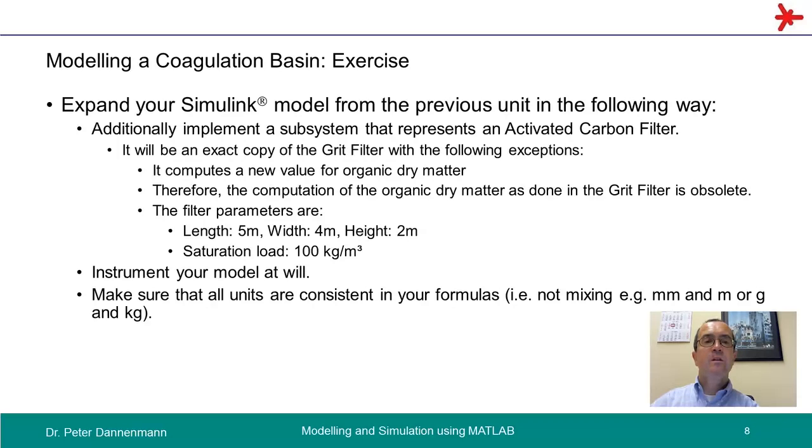Therefore, the computation of the organic dry matter as 1/3 of the dry matter, which has been done in the grid filter, is obsolete. Additionally, some filter parameters are different as seen on the slide. Instrument your model at will.